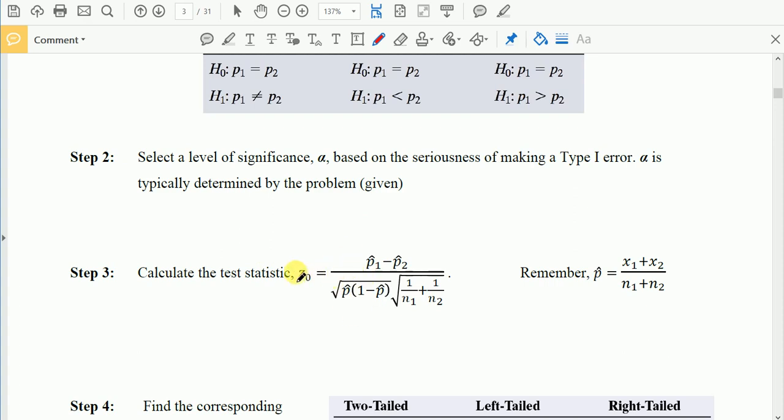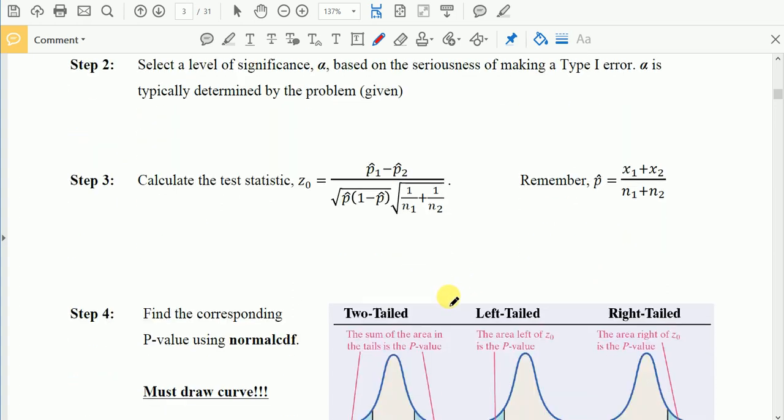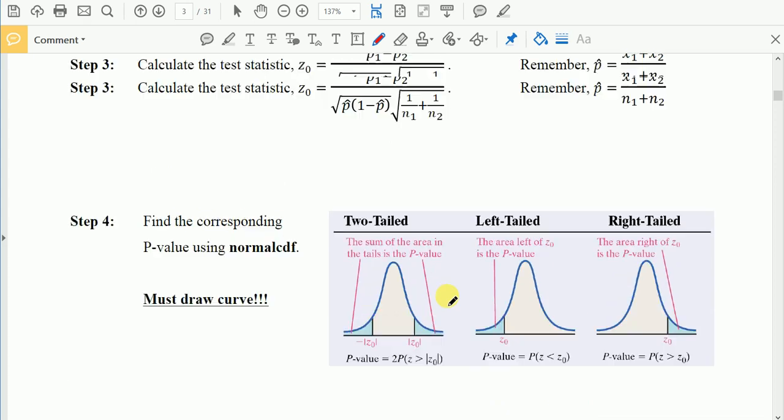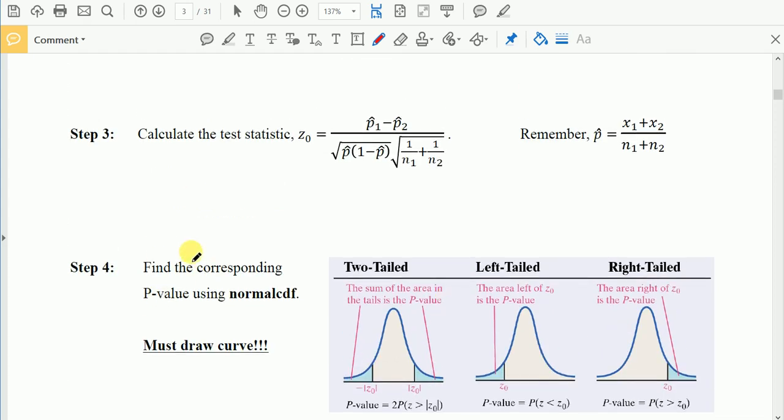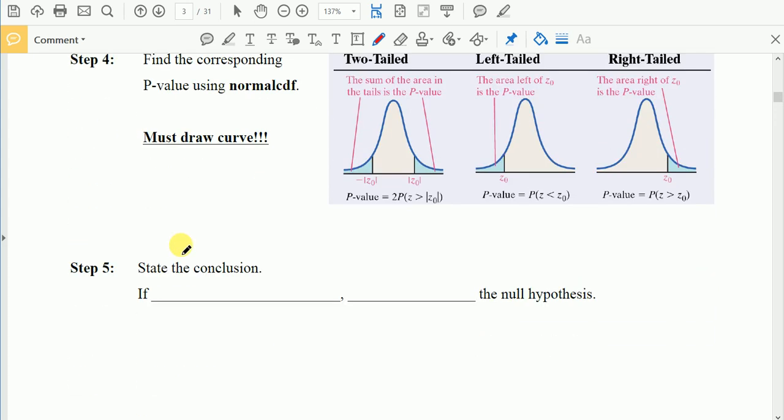So the test statistic, we take p hat 1 minus p hat 2 over the square root of p times 1 minus p, where p follows this formula, times 1 over n1 plus 1 over n2. And after we have that, we find the p-value and compare it.